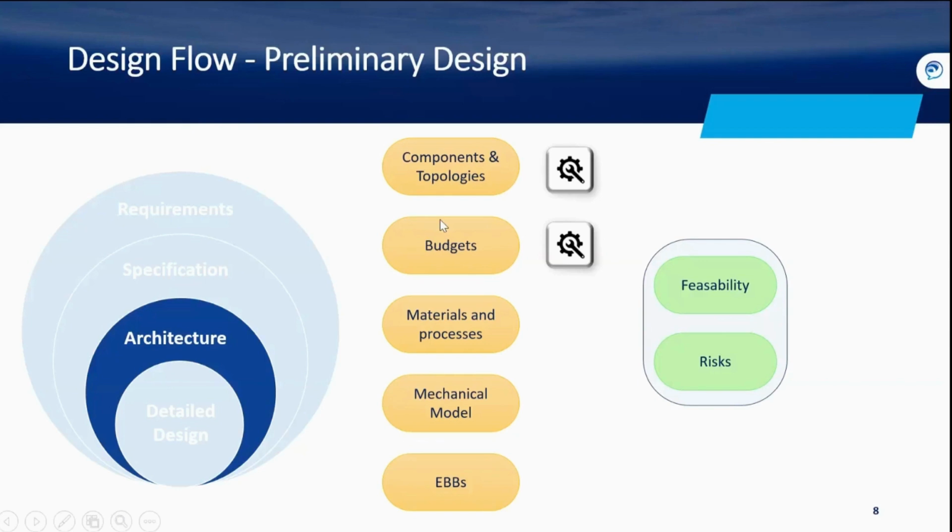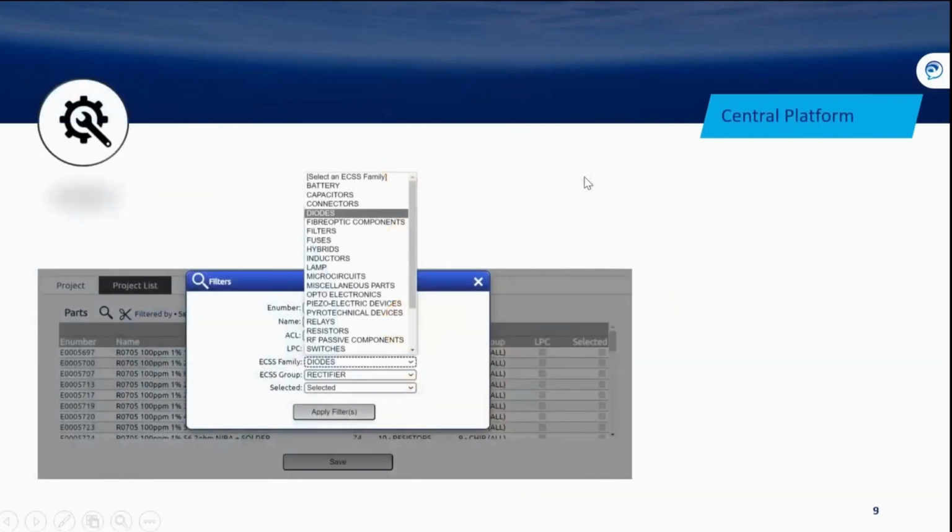So, for example, well, the first thing should be choosing our components. That is a critical step in our design. So we must take into account that the components we choose will have to ensure a reliable performance during the whole mission. So that is why they are submitted to a rigorous test and qualification process.